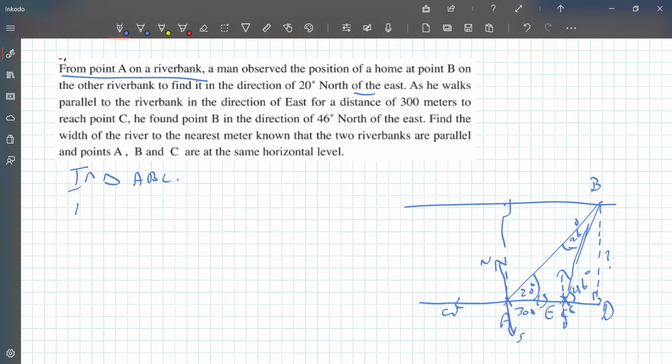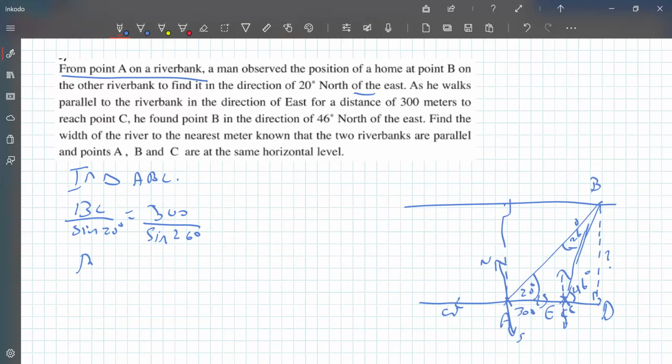So BC over sine the opposite angle, whose measure is 20 degrees, equals the known side length, 300, which is AC, over sine its opposite angle, whose measure is 26 degrees.